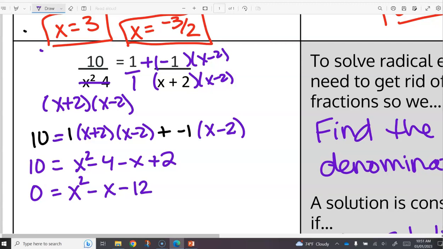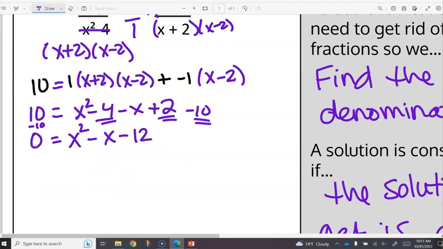Did I lose anybody? I did like 2 steps to 1 right there. I combined like terms. Negative 4 plus 2 is negative 2, and I subtracted 10. All right, so multiplies to give me negative 12, adds to give me negative 1.